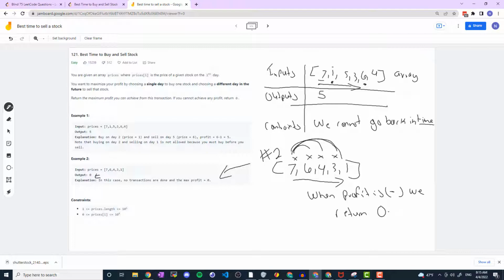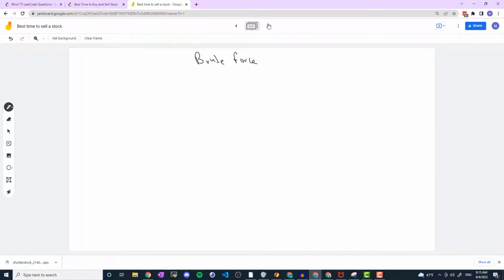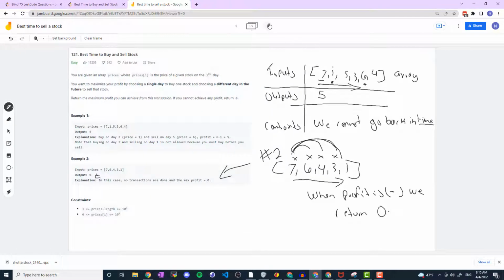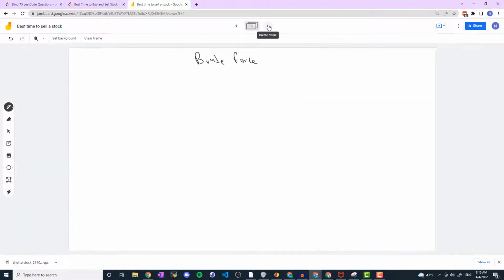Having understood the problem, now let's work on a pattern. Let's work on a strategy to solve this problem. Our first strategy is the brute force approach. Let's take back our array of 7, 1, 5, 3, 6, 4. Let's imagine that we only have one pointer.